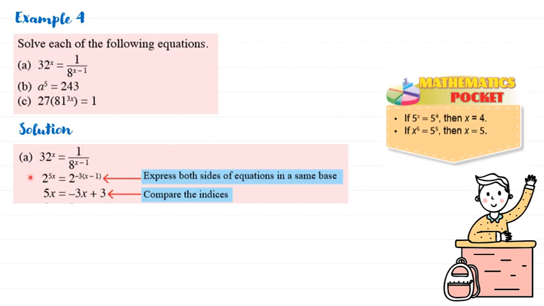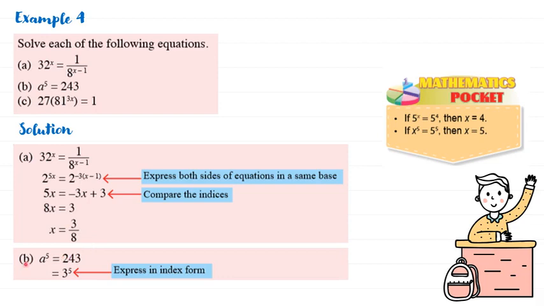Since we already make it the same base, you just compare the index only, the indices, the power. So 5x is equal to negative 3x, you expand the bracket, negative 3x plus 3, then solve this one, negative 3x bring to the left hand side, becomes 8x is equal to 3. So solve for the value of x, x is equal to 3 over 8. This is the answer for question 4a.